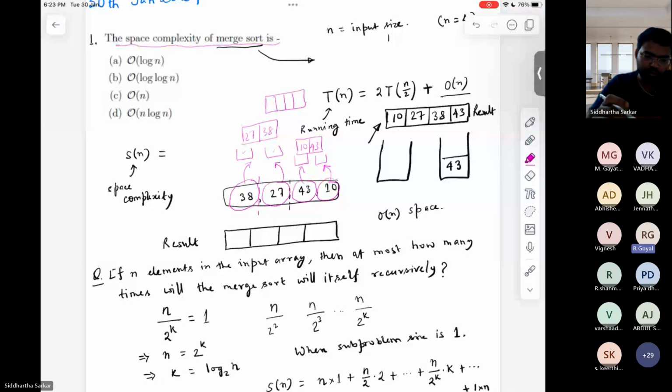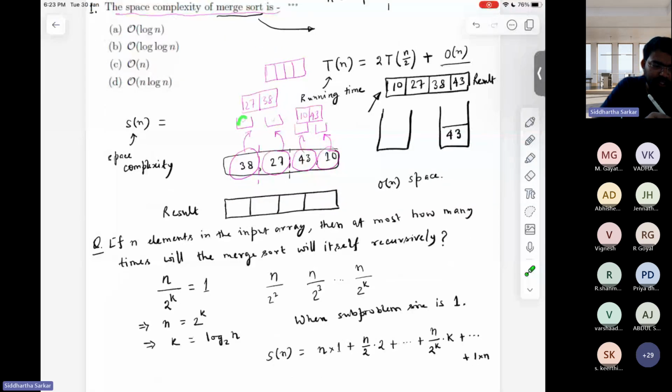Okay. So since we would be maintaining an auxiliary array here, clearly we would be requiring additional space of the order of n here, because the outcome of the merge procedure is getting stored in a separate array. Yes.